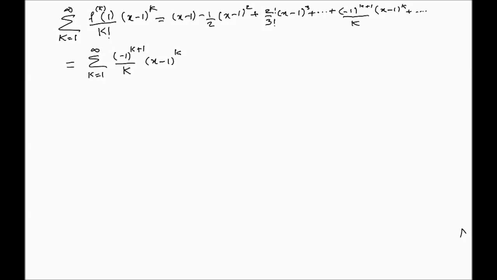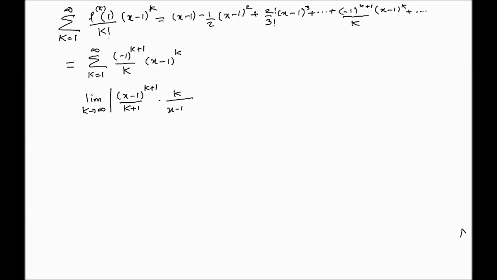So in order to find the radius of convergence, as we usually do, limit as k goes to infinity of the k plus 1th term. Now remember that the ratio test requires the absolute value. Therefore, there is no need to take the minus 1 to the k plus 1. So all we have here is the k plus 1th term multiplied by the reciprocal of the kth term.